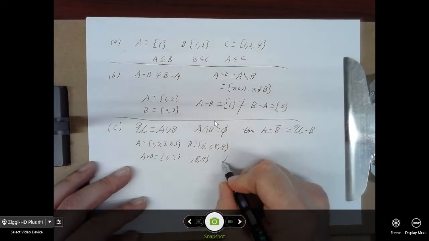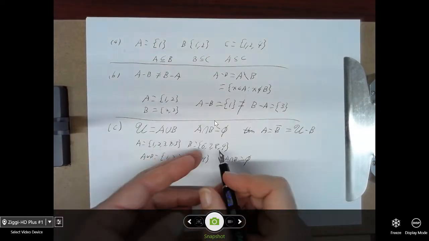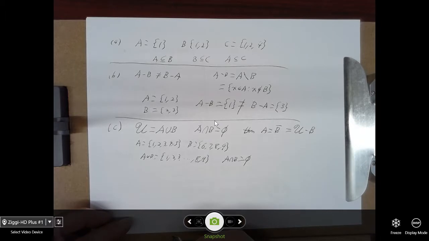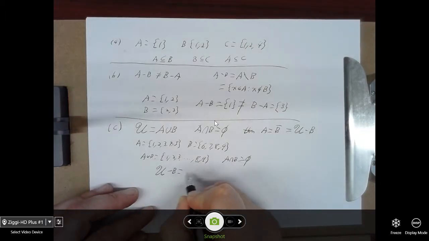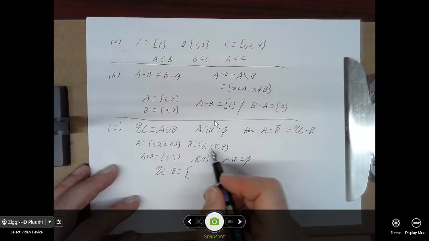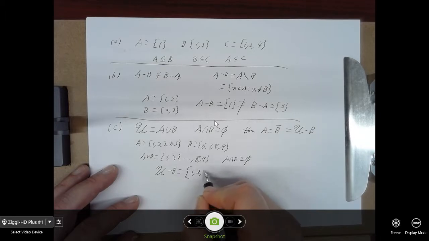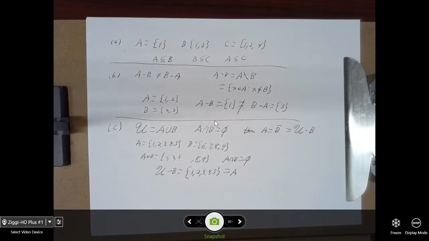And then state that the intersection is the empty set because there's nothing in A that's in B and vice versa. And then show that the universe take away B equals, well, it's all the things in the universe 1 through 9 minus 6, 7, 8, 9. That just leaves you 1, 2, 3, 4, 5, which sure enough is equal to A. So again, we're not proving, but we're demonstrating an example of this equality.